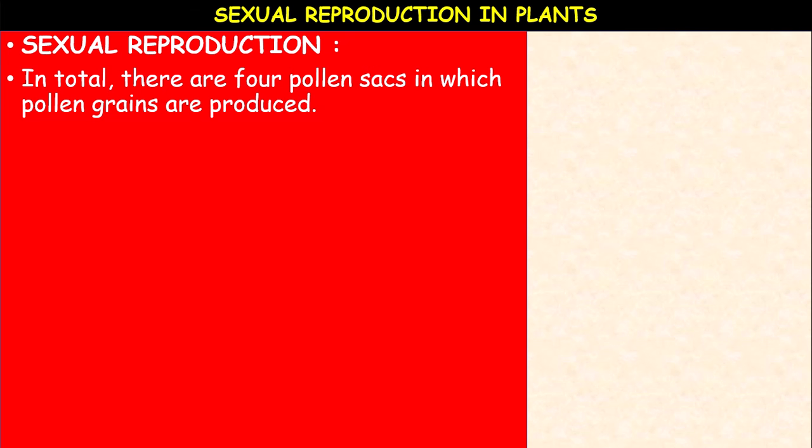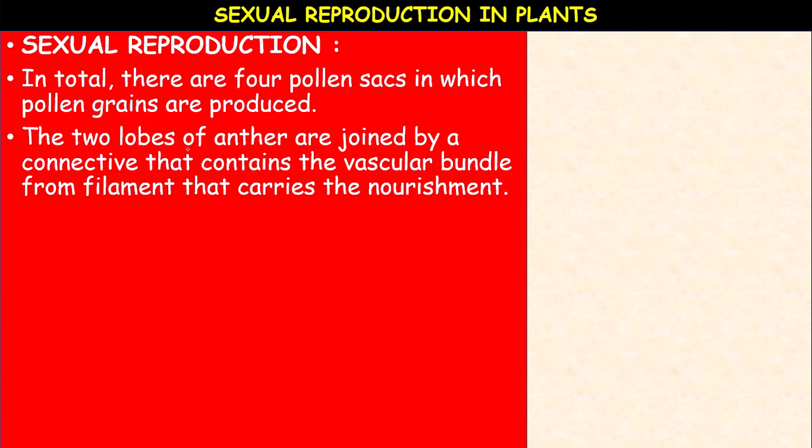In total how many are there? There are 4 pollen sacs in which pollen grains are produced. The 2 lobes of anther are joined by a connective that contains the vascular bundle from the filament that carries the nourishment.